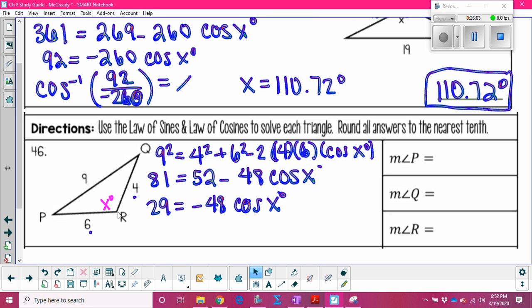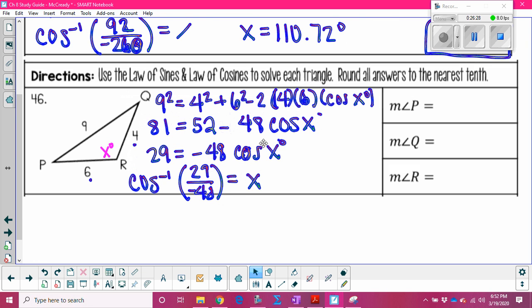Here's where I know I'm going to have to find the angle. So I'll divide both sides by negative 48 and use the inverse of cosine to find x. So x equals the inverse cosine of 29 over negative 48.